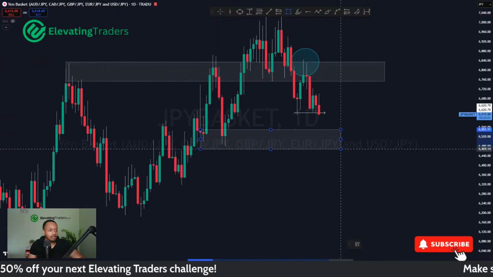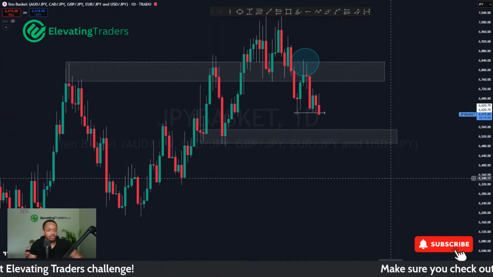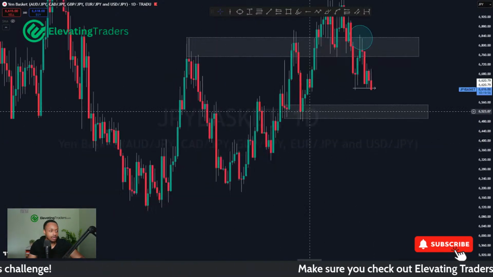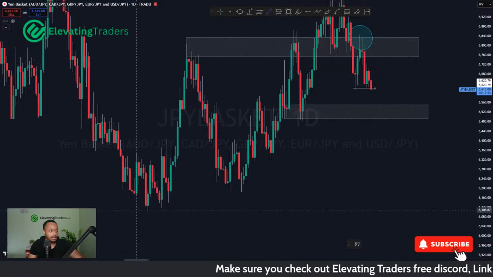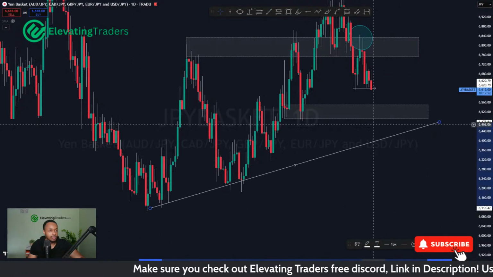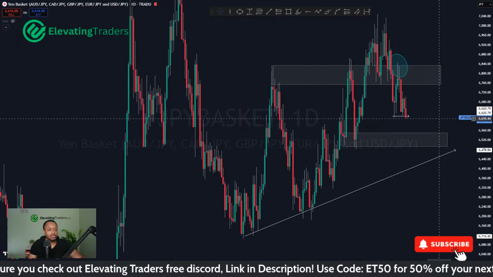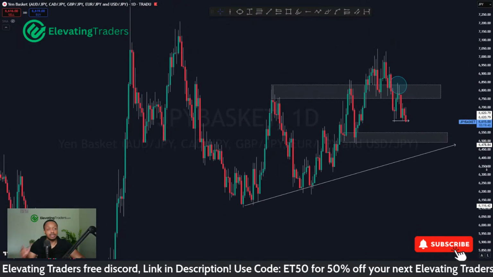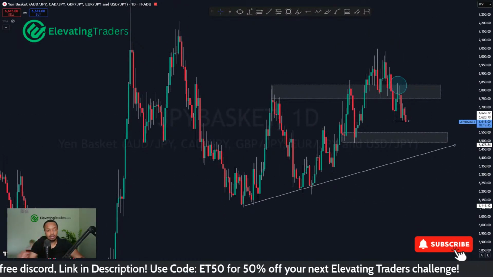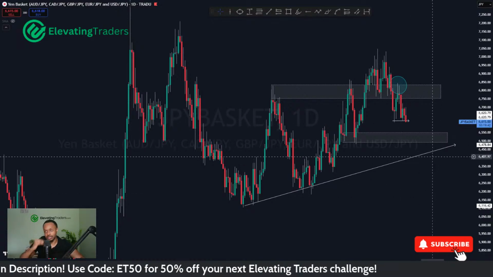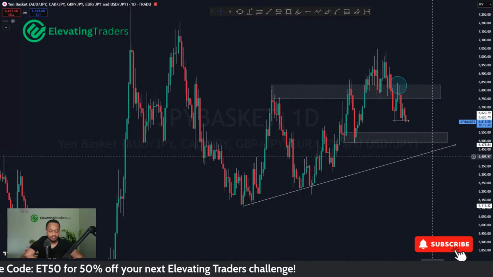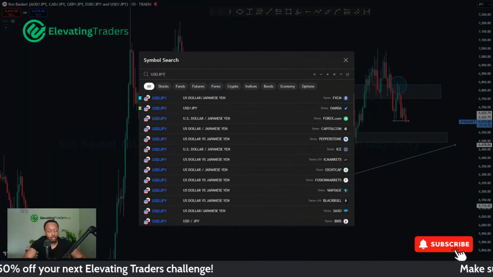We've got support around here that I think price can maneuver into. Like I said, around 6,500. There is a trend line here connecting the swing lows. I wonder potentially price will go and take that out as well. But yeah, I do still see yen falling. And if the yen basket does fall to these prices, you're going to see the yen pairs rise as well. So going on to pairs like dollar yen.